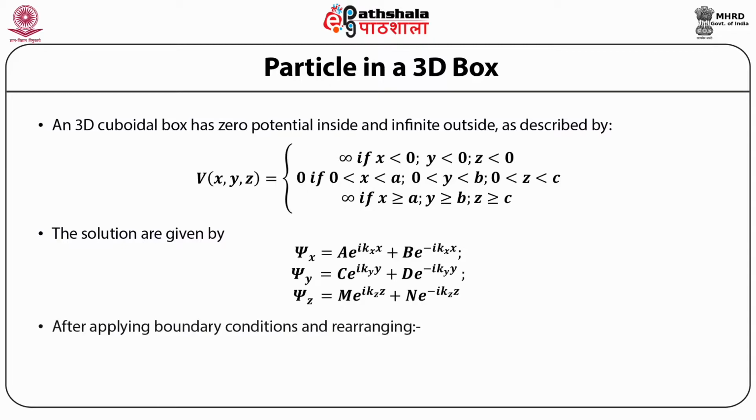So now, after applying the boundary conditions and rearranging, the total energy is given by E is equal to nx square h square by 8ma square plus ny square h square by 8mb square plus nz square h square by 8mc square.